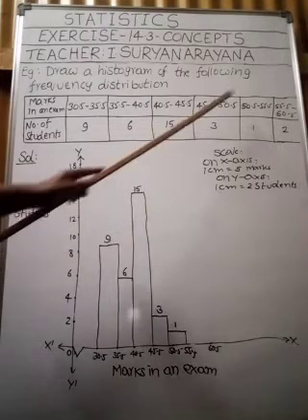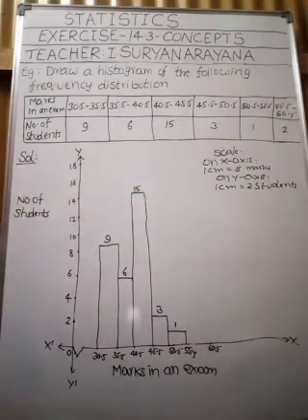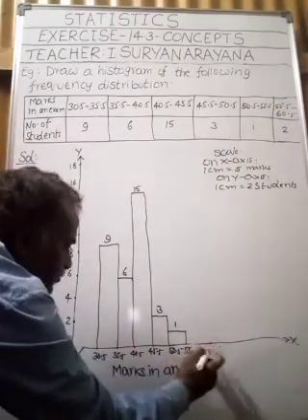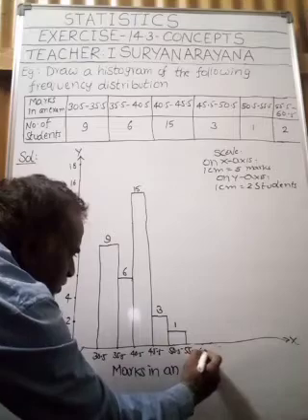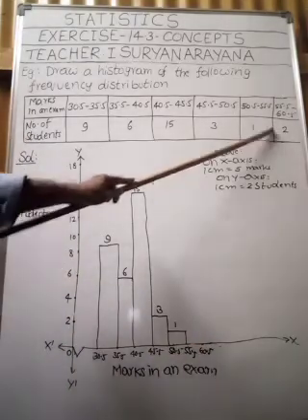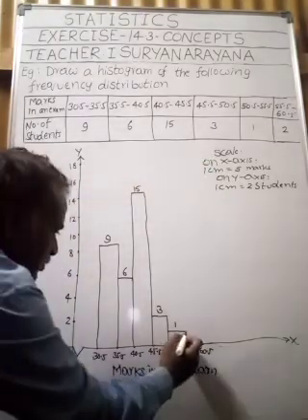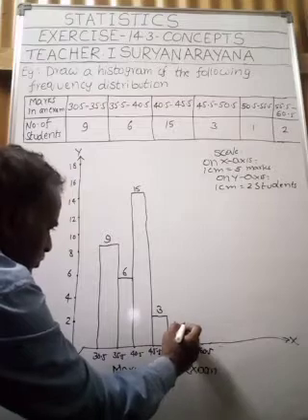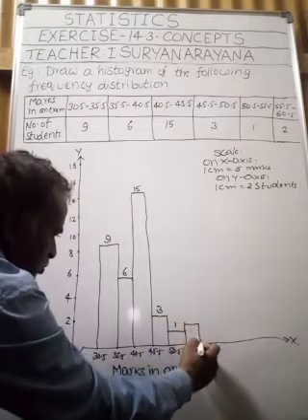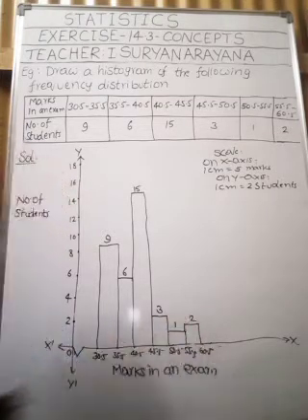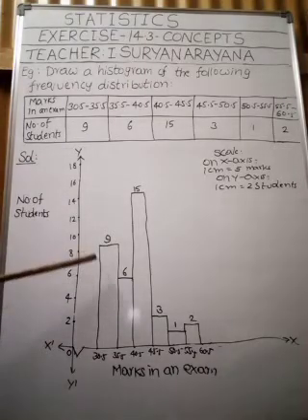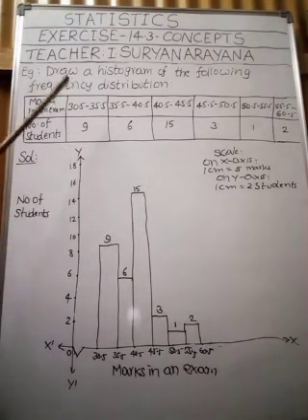Similarly, the last class interval, 55.5 to 60.5. How many students are there? 2 students. This is the histogram of the given grouped frequency distribution. Understood, my dear children? Right.